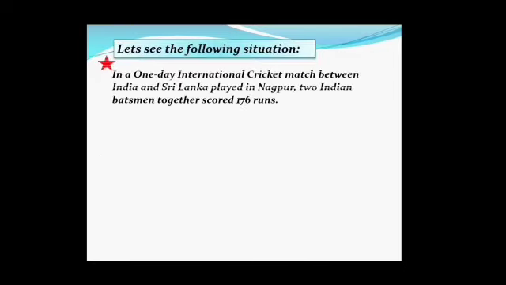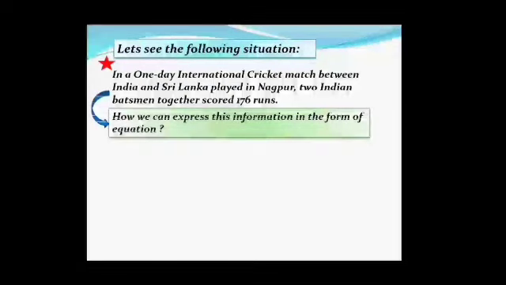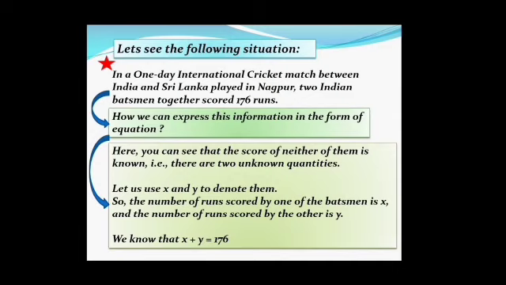Let's see the following situation. In a one-day international cricket match between India and Sri Lanka played in Nagpur, two Indian batsmen together scored 176 runs. How can we express this information in the form of an equation? Here, you can see that the score of neither of them is known. That is, there are two unknown quantities.